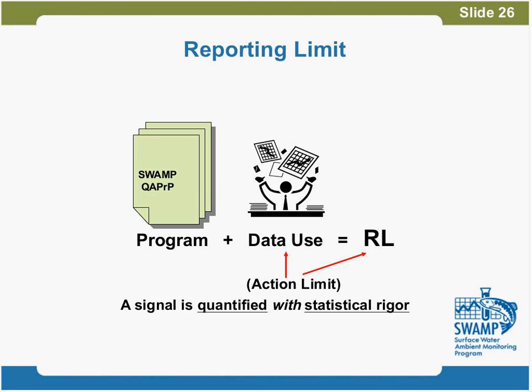So if I have a water quality standard or something that I'm working with in a laboratory context, why don't I set my reporting limit there? And I hope I'm going to convince you today that that is not a good idea in 98% of the cases. And in the next course, Reporting Limits 102, that's where we would get into more discussion on that type of topic.